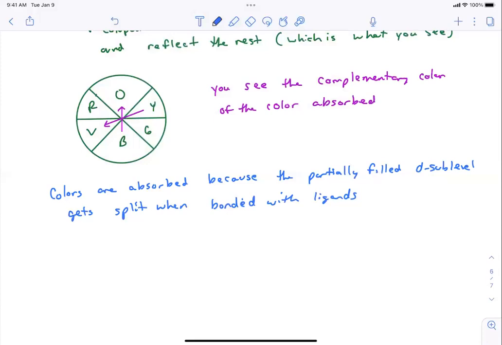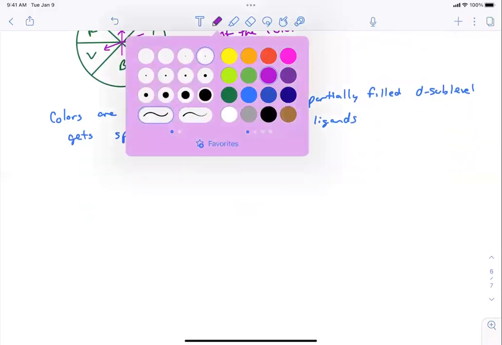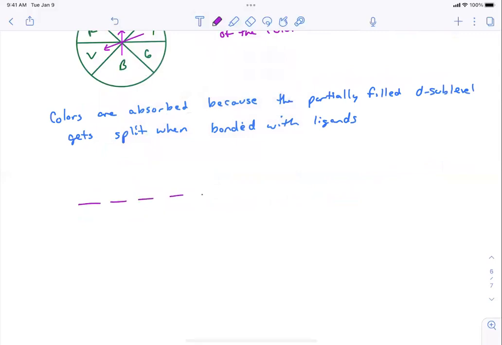So in a normal atom, all of the d sublevel orbitals are the same energy. For example, something like this. But when a ligand comes in and brings in repulsion, ligand bonding causes repulsion.